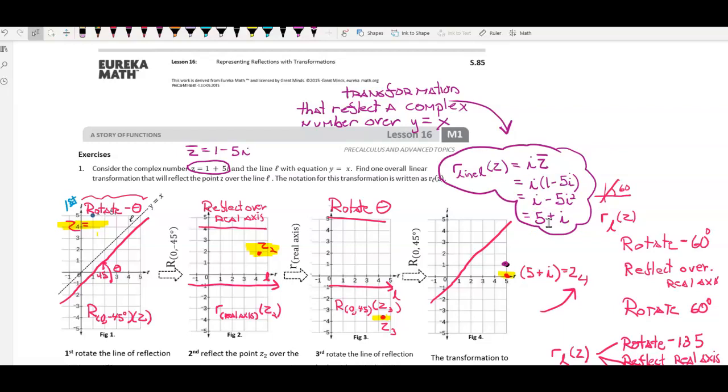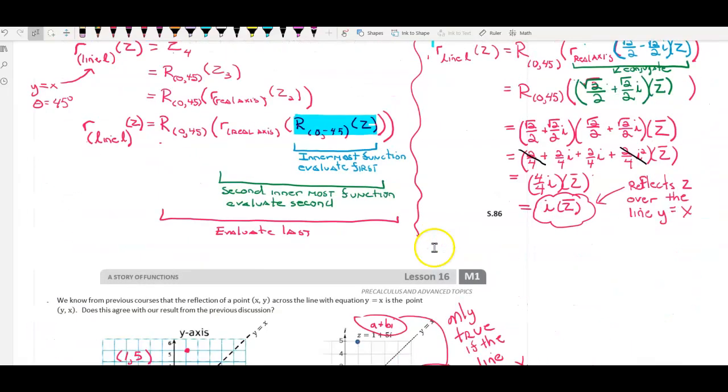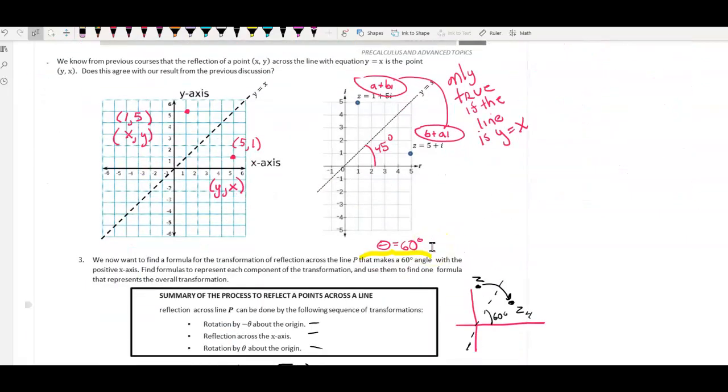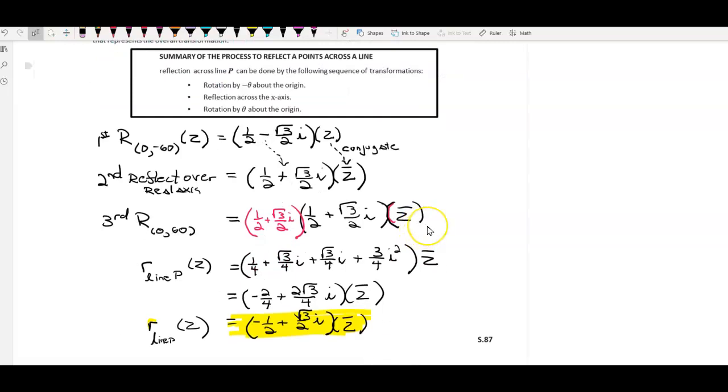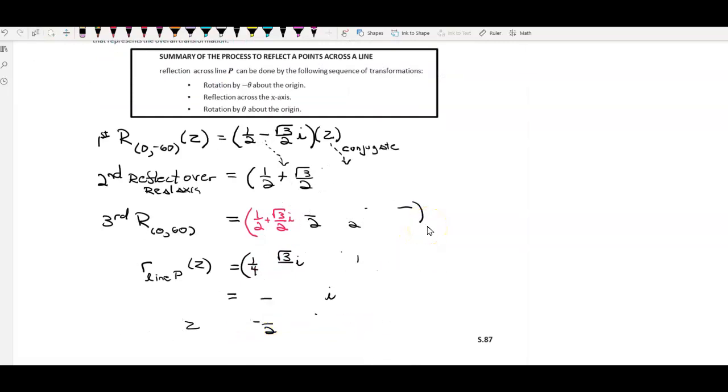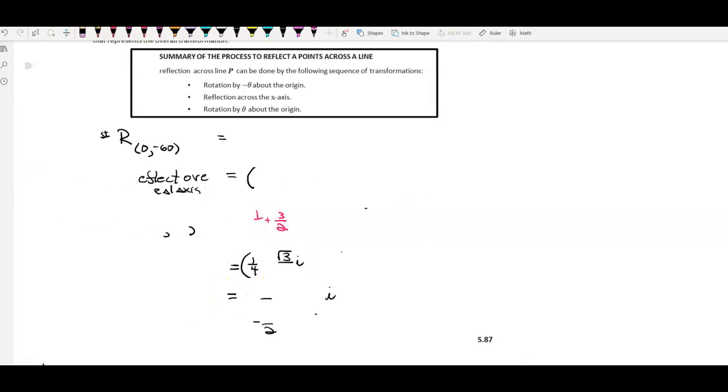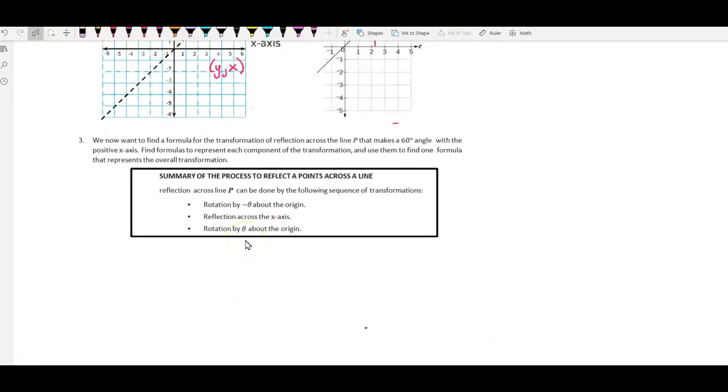Okay, we're going to try it for 60 degrees. So let's go on down to, we'll skip this part for now, right to here. So, I can just walk you right through it. Here's what you're going to do. Find a formula that reflects it over the line P that makes a 60-degree angle.